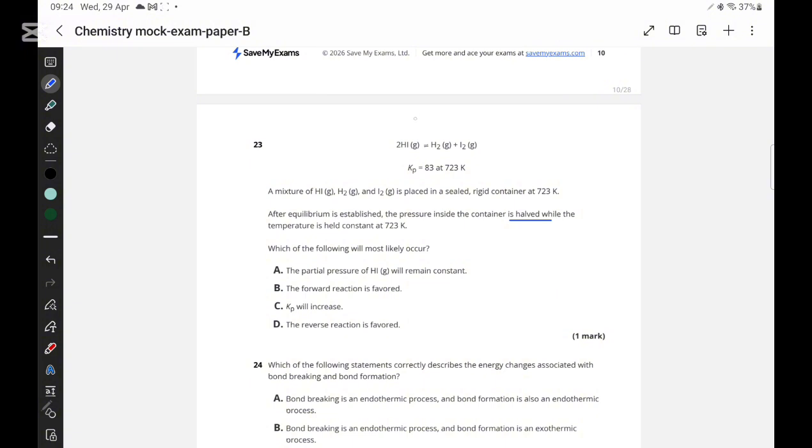You can see here that 2 moles are forming 2 moles. So volume is not changing. If you are changing pressure, the equilibrium will not shift, as the number of moles are the same on both sides.